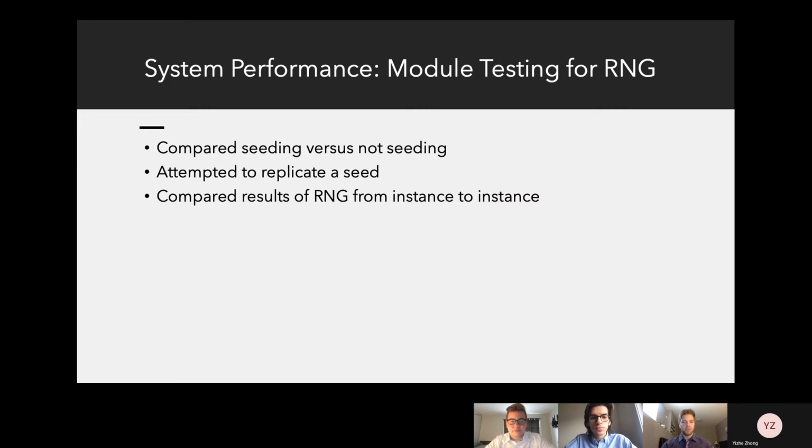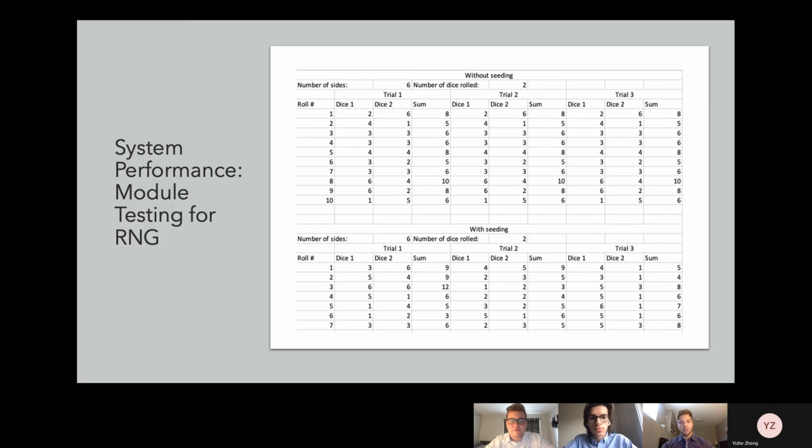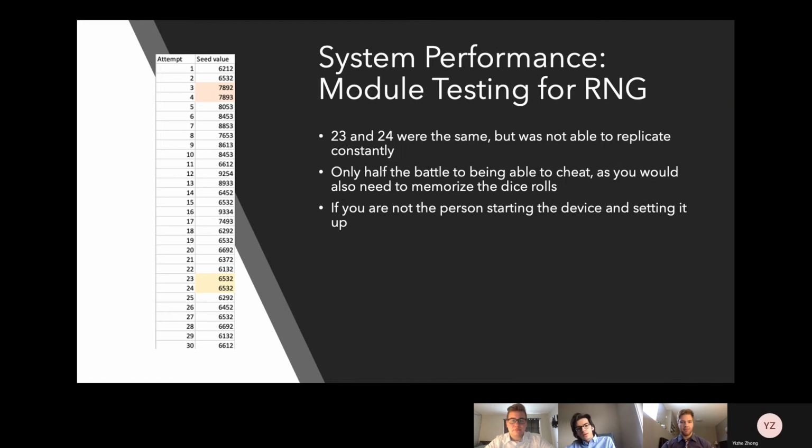For testing the RNG module, we compared the seed versus non-seed, and we attempted to replicate the seed as well as compare the results of the RNG from instance to instance. Looking here, we can see that with the seed, the numbers are random, and without the seed, the numbers are consistent in each instance. As well, with the seed, the numbers of the dice roll are different from instance to instance.